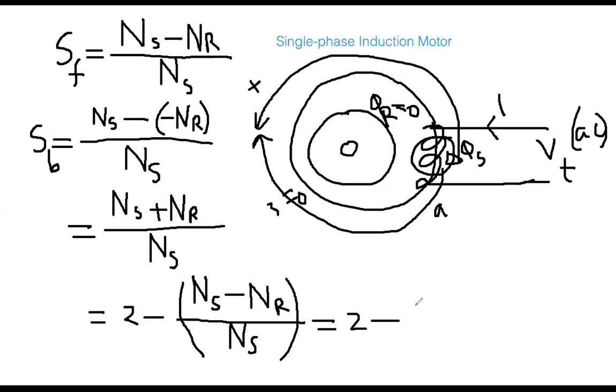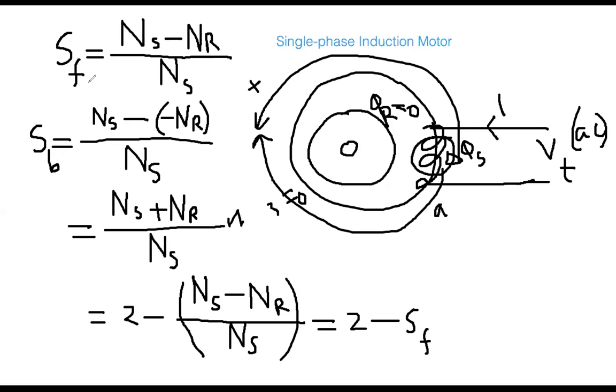So you can write 2 minus SF, just to show the relationship with the forward slip. Of course, the other form is definitely correct, but to show how it is related to the forward slip, that's why I'm writing this.